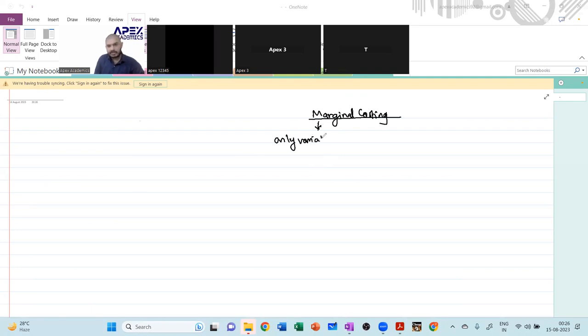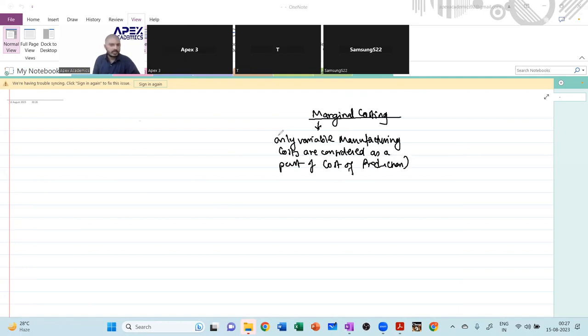What is it that you need to keep in mind about marginal costing? Only variable manufacturing costs are considered as a part of cost of production. And what do you need to know about absorption costing?